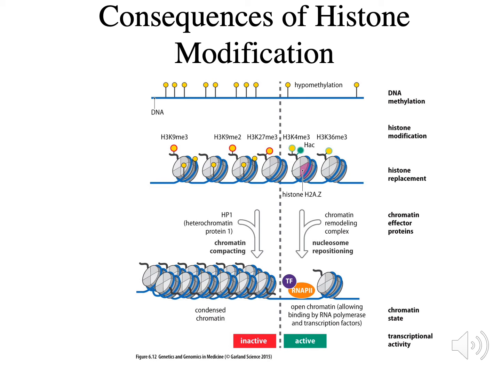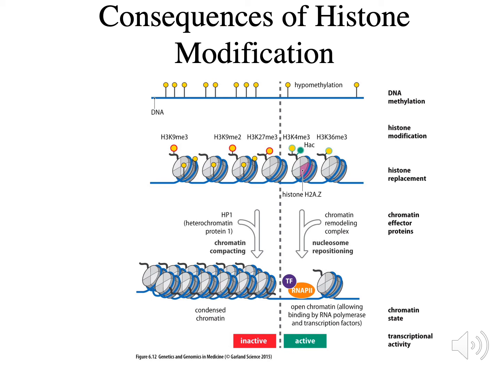And so you see that certain forms of methylation of the histones are affiliated with transcriptional inactivity. And here we still show the little yellow circles, and so the DNA on these nucleosomes is hypermethylated, and that's consistent with a transcriptionally inactive state.